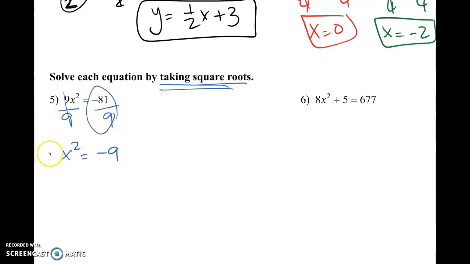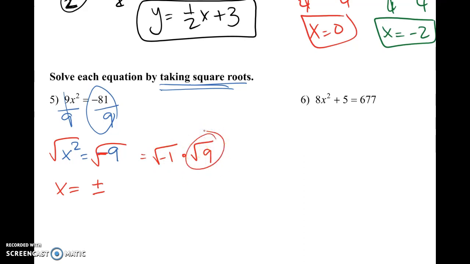Now, since my x squared is by itself, I can take the square root, and I'm going to get x equals plus or minus. Now, if you don't remember, a negative inside of a radical, well, this is -1 times radical 9. And most of us know that the square root of 9 is 3.